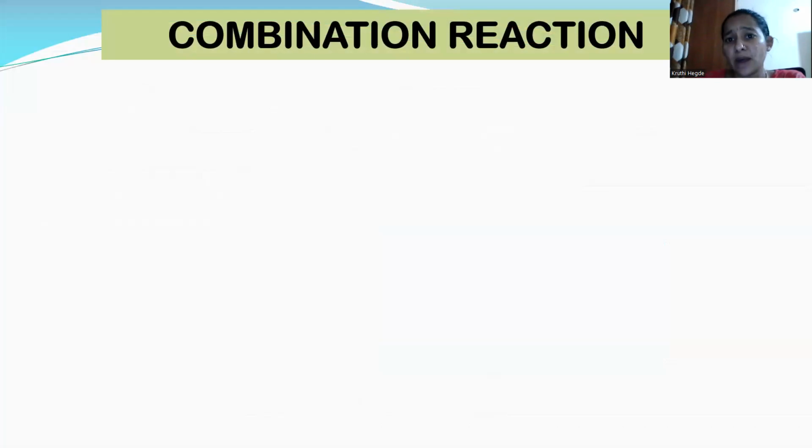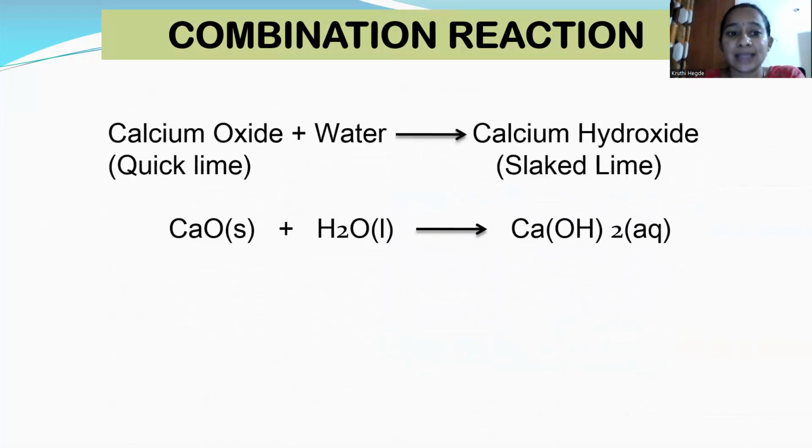Let us now understand how to write the equation for this combination reaction, which I have already shown in the previous slide. That is, calcium oxide, quicklime, with water produces calcium hydroxide, which is slaked lime. CaO with H2O giving Ca(OH)2. Dear children, can you observe something here?